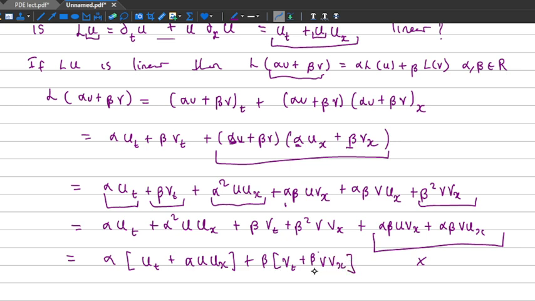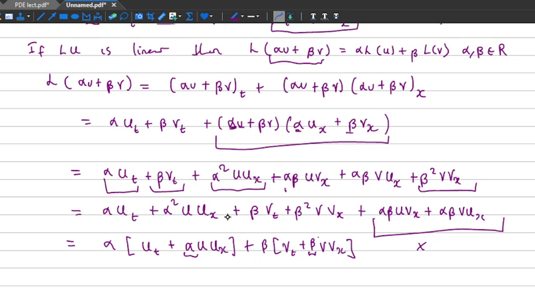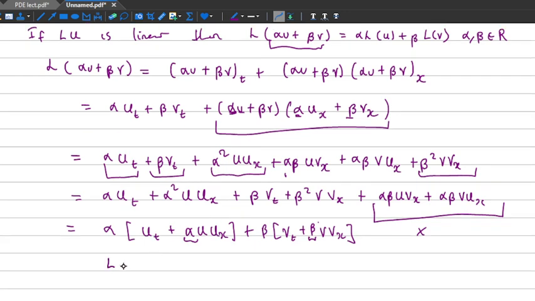You see, we have beta here and alpha here, but originally our equation L of u is equal to u_t plus u u_x. There is no such term here.